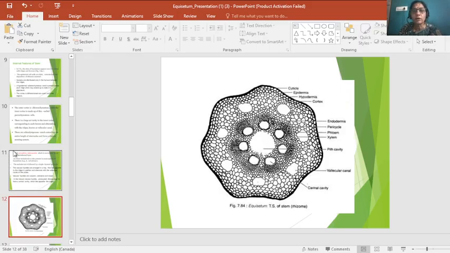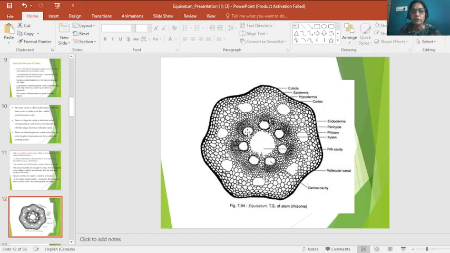The outer cortex is thick-walled, and the inner cortex is thin-walled, made up of parenchymatous cells. At the furrows you will find the canal cells, which we know as the vallecular canals, and then internal to the cortex is the limiting layer known as the endodermis.